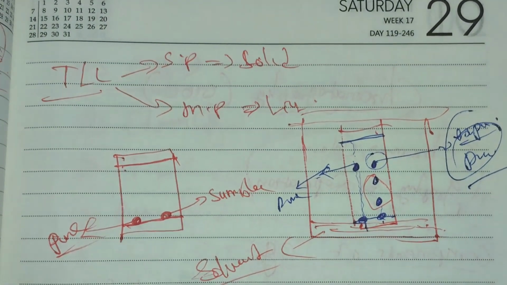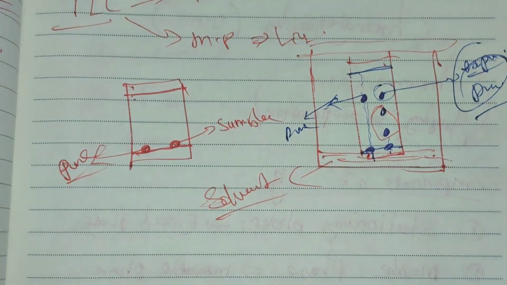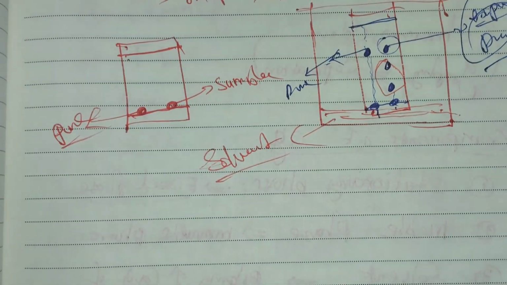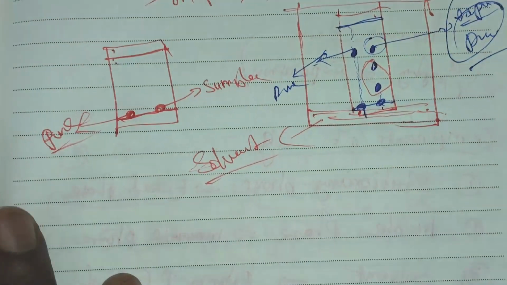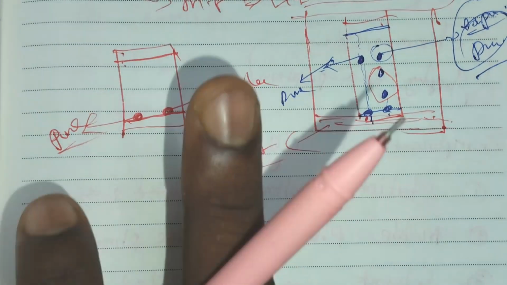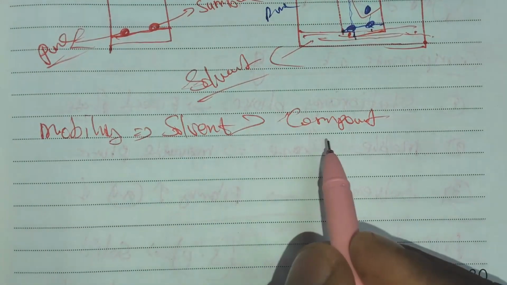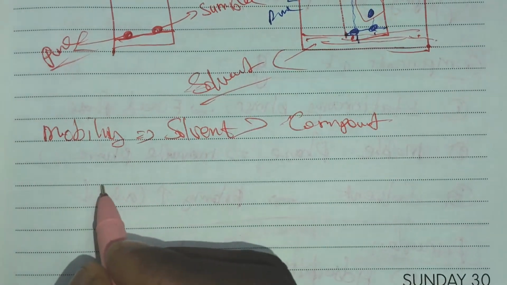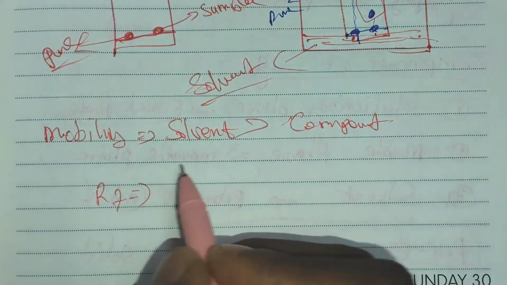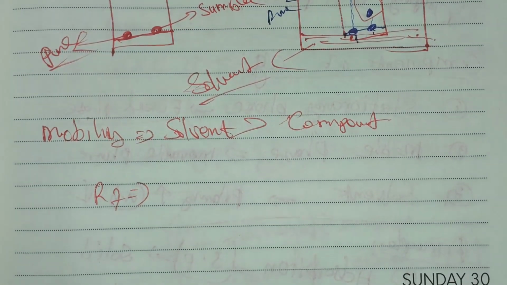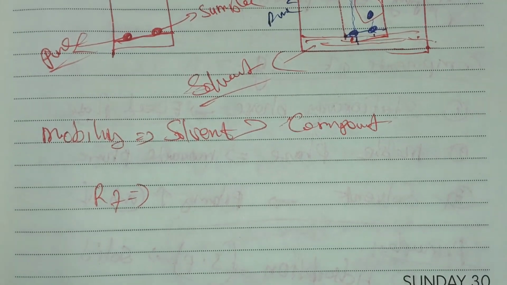Anyway, before using a column, TLC is also very essential, because column and TLC handling are very important in the research field, whatever the separation. The mobility of the solvent is greater than the compound. So the Rf, the retention factor, is very important. The Rf is always less than 1 because the solvent has a greater mobility compared to the compound.